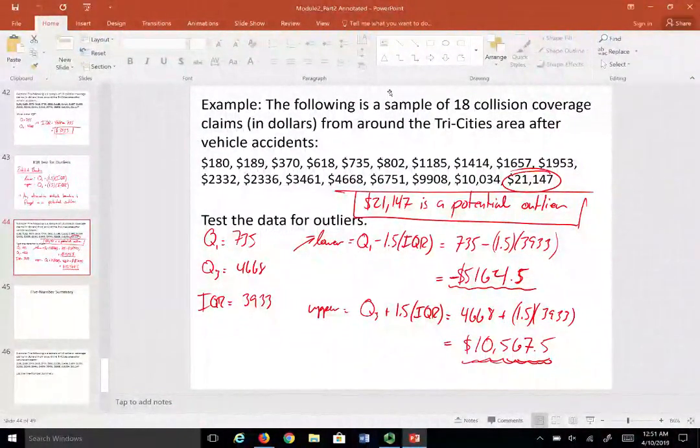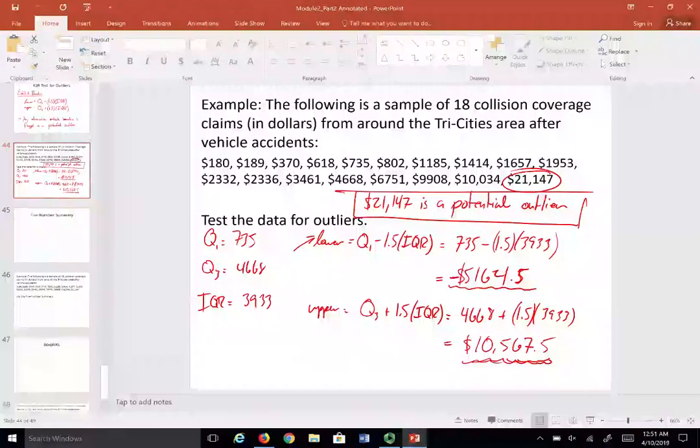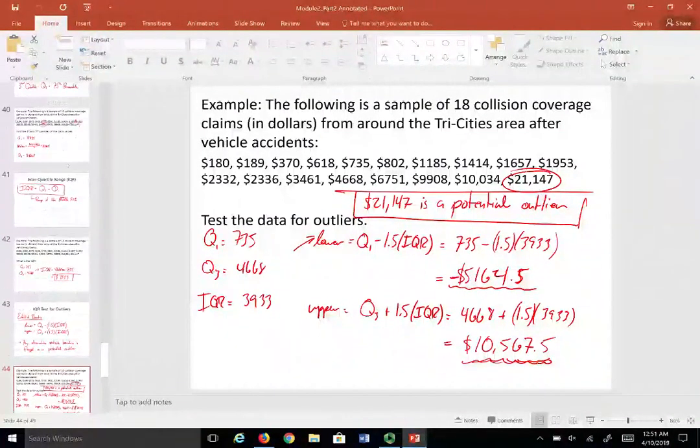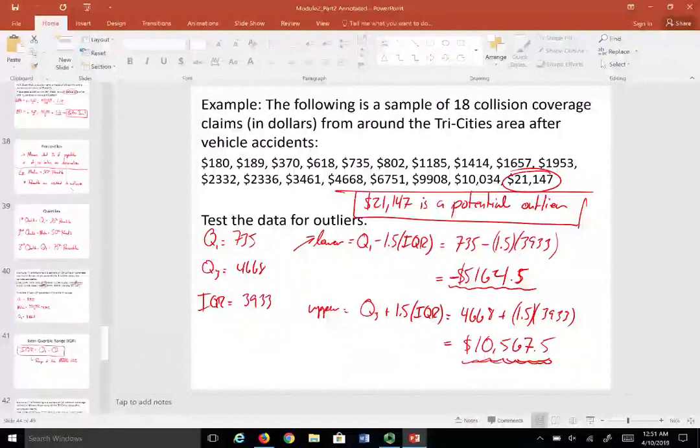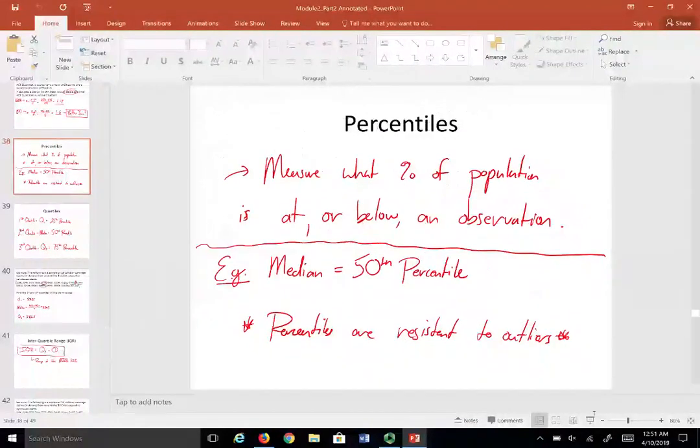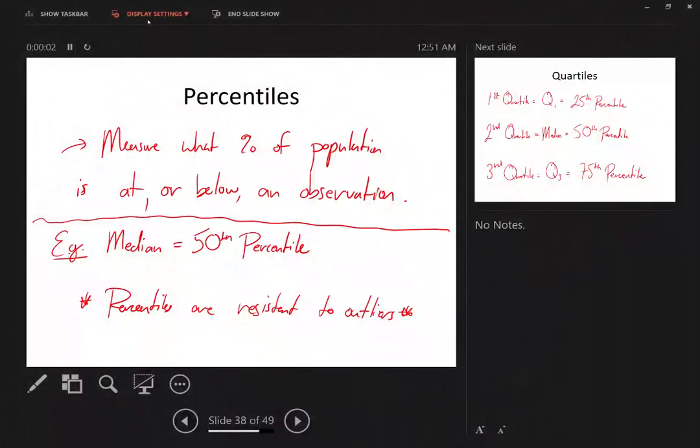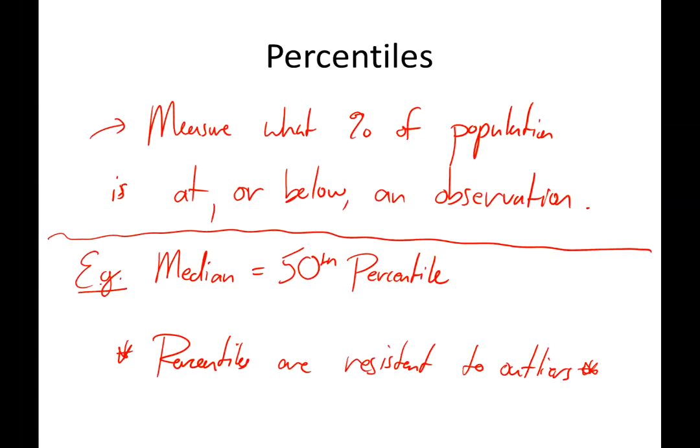Okay. So yesterday we had stopped by talking about quartiles. So we were looking at measures of relative standing, and percentiles are one common measure of relative standing. The reason that percentiles can be useful is because, unlike the standard deviation, percentiles are resistant to outliers.